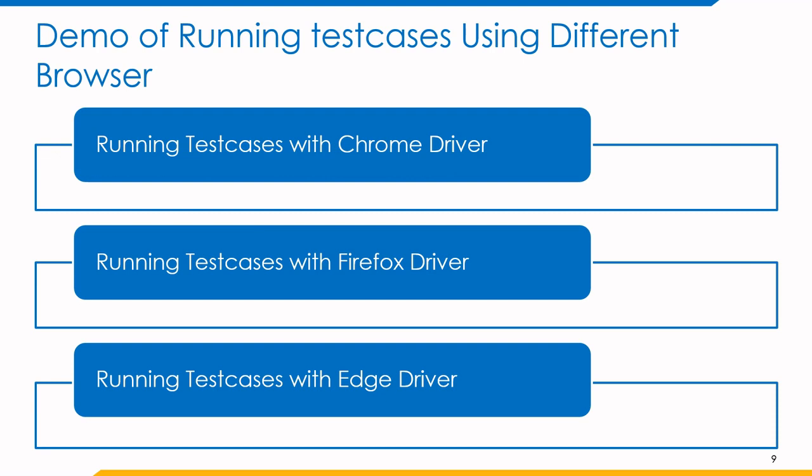For that purpose we need to test the application using different browsers, and testing manually will be a very hectic task. Here I have taken only three web browsers for demo purposes. First one is Chrome driver, second is Firefox driver, third is Edge driver. We can take many more as per the need. Let's see in practical how it works.